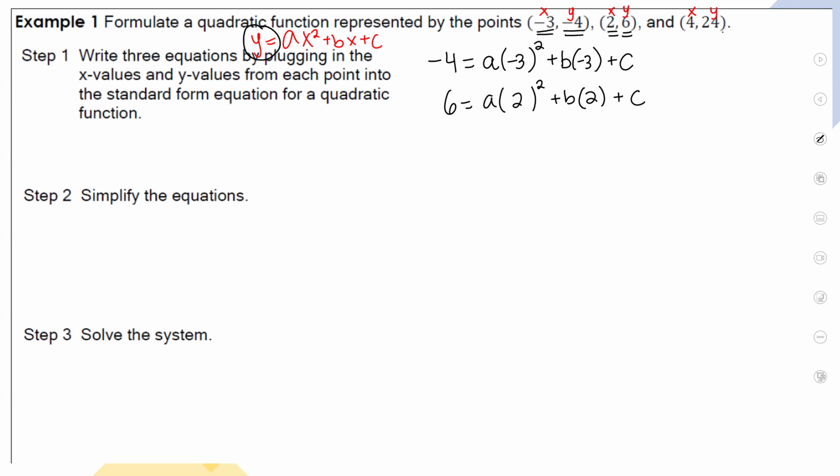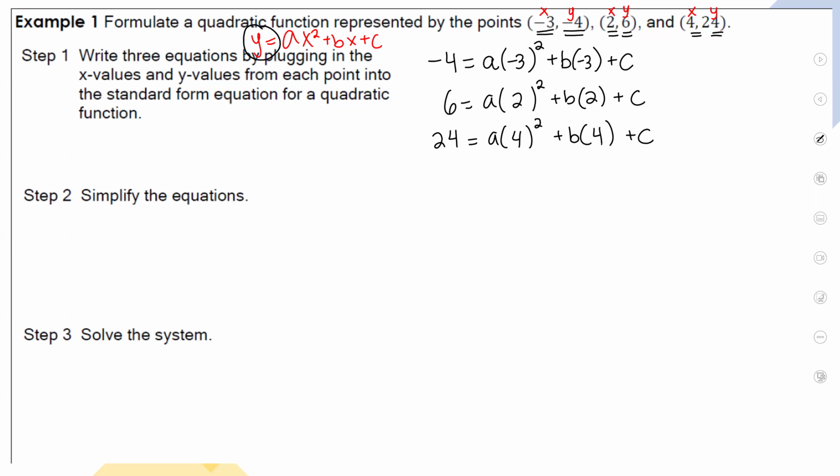The y value is 24, the x value is 4. I'm going to plug that into the quadratic equation. Okay, so I'm going to plug in 4s for those x values. Okay, so that's step 1, just setting it up.